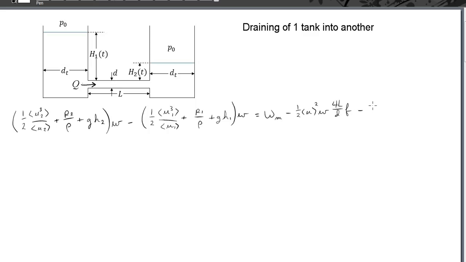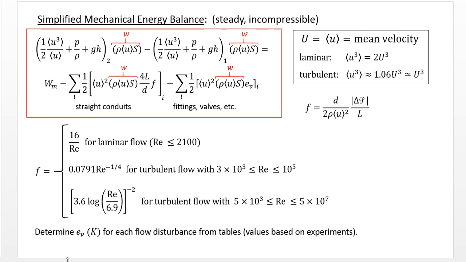And then we have to subtract out the sum over all fittings, etc., of the viscous losses due to these perturbations of the flow. So 1/2 average U squared times W times Ev, the viscous loss coefficient. So we can check back. We see this is our mechanical energy balance simply reproduced.